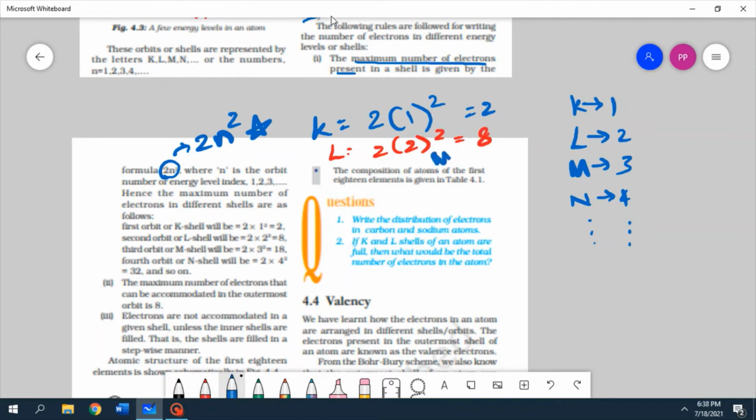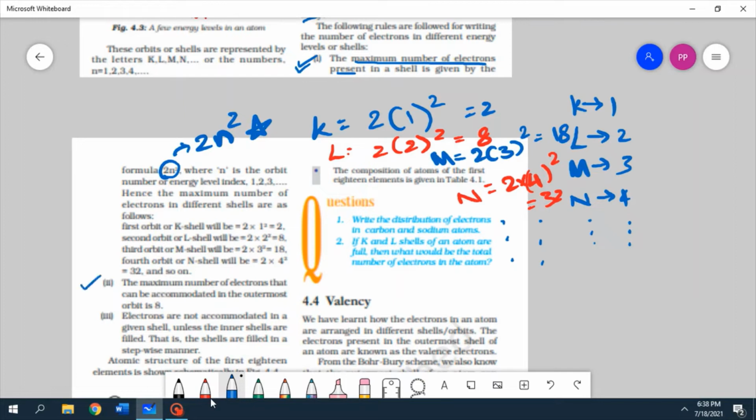For the M shell it is 2 times 3 square, which is 18, and for the N shell it is 2 times 4 square, that is 32. And then you have other following orbits. That's the first rule you're supposed to remember.